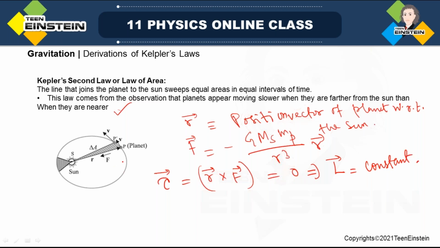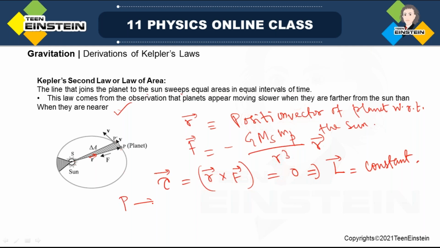Now look, we'll do one thing. As we are saying, the rate of area swept by this position vector will always be equal. So the line that joins the planet and the sun sweeps equal area. This is the position vector which is joining the planet and the sun. Suppose at any instant of time the planet was at P and it moves to P prime.